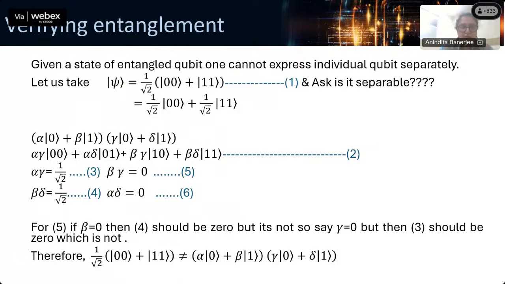But then you will come across such equations. For example, one of them is mentioned here, where you will find it very difficult to pinpoint the two variables which will actually lead to entanglement, and then you will say that an entangled state cannot be written as a separable state.